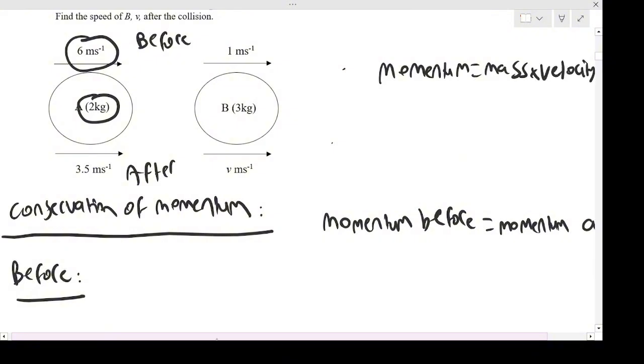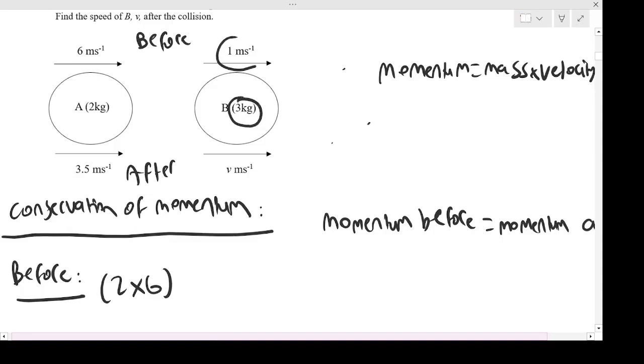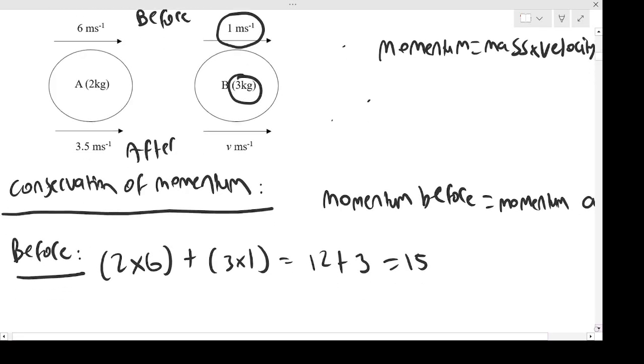So the mass is 2 and the velocity is 6, and so that's the momentum of A. And then for B, the mass is 3 and the velocity is 1. So then we're going to add on 3 times 1 to get the total momentum for both of them. Then we just need to work this out. So 2 times 6 is 12 and 3 times 1 is 3 to get me 15.